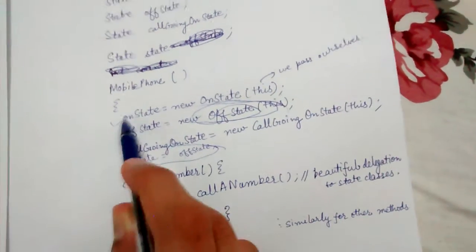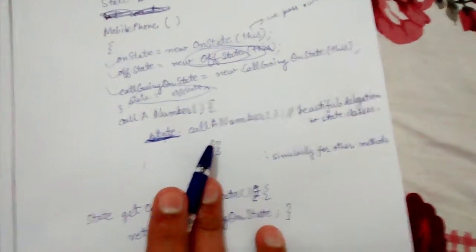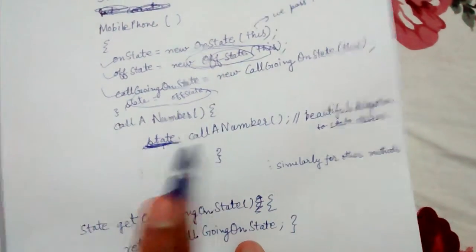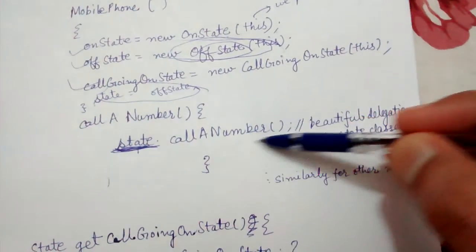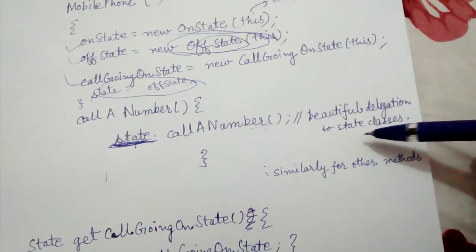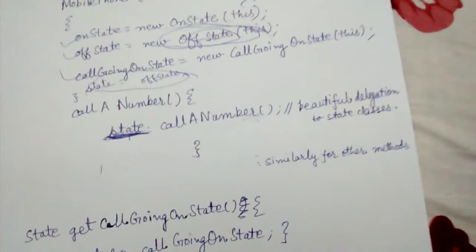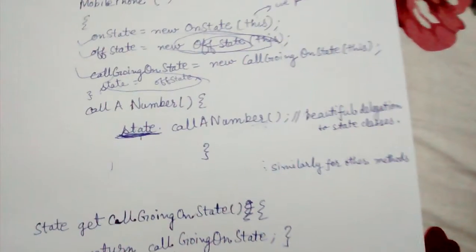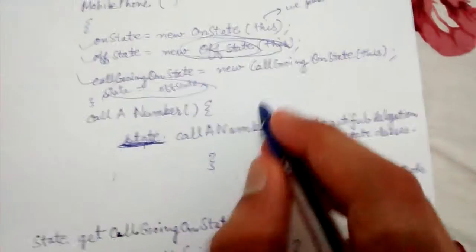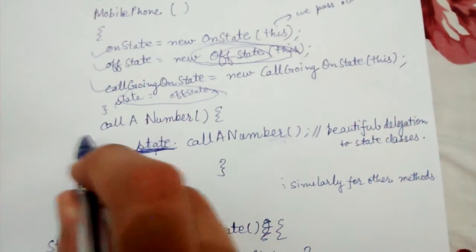It can be any of these 3. So basically I'm just calling state.callANumber. So we are basically delegating this call to our state classes. This is a beautiful example of delegation. We are not implementing it here, we are in fact delegating it to the state classes.